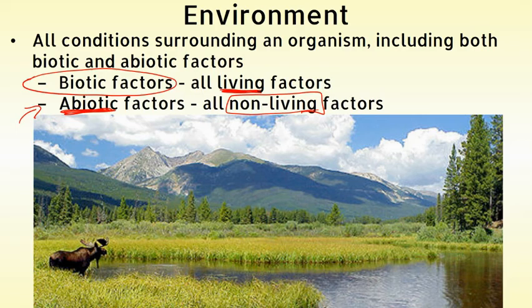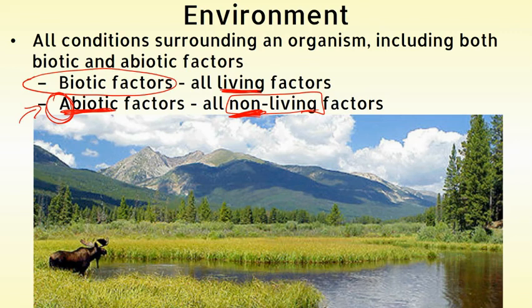So when we look at an environment and we're studying ecology, the environment is going to include not only those living organisms, but also how it interacts with both the living and the non-living things within its environment. So that's both biotic and abiotic factors. This a in front of biotic tells us non or without. So abiotic factors, non-living things.